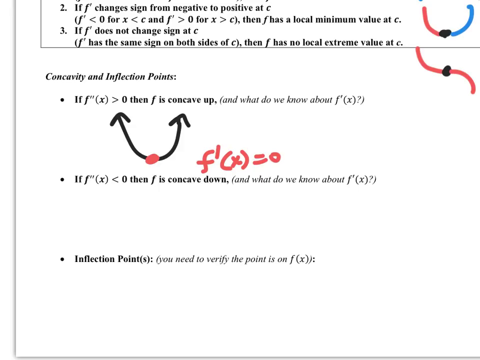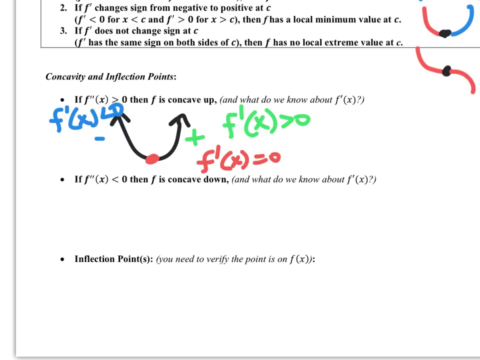On either side of that, f prime of x is greater than 0 on one side, and on the other side, f prime of x is less than 0. So where f prime of x equals 0 and the second derivative of f of x is greater than 0, we've got a minimum value.